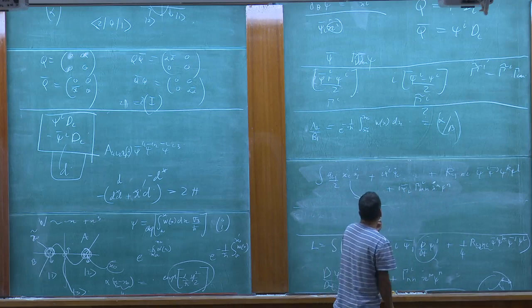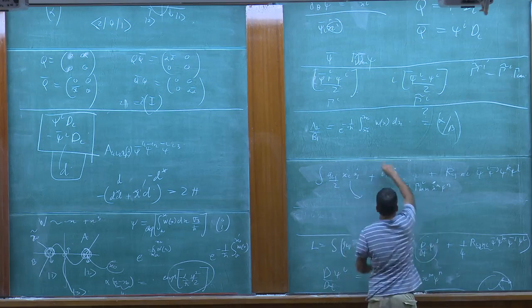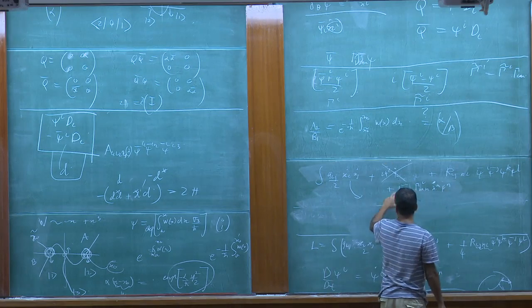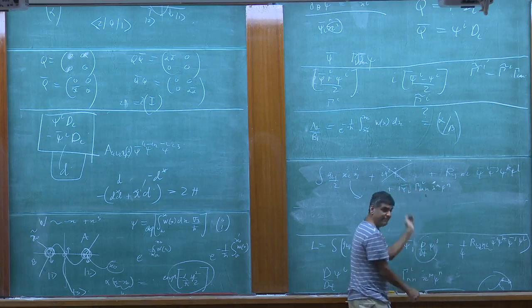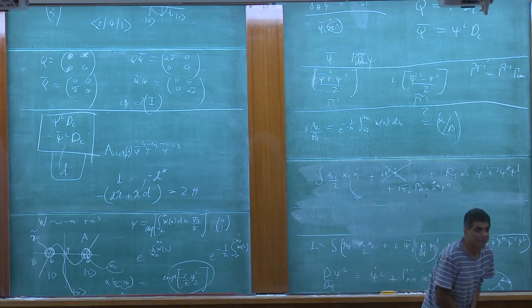Now this part, of course, by itself is first order in time, so it carries no Hamiltonian. But it affects the canonical structure.